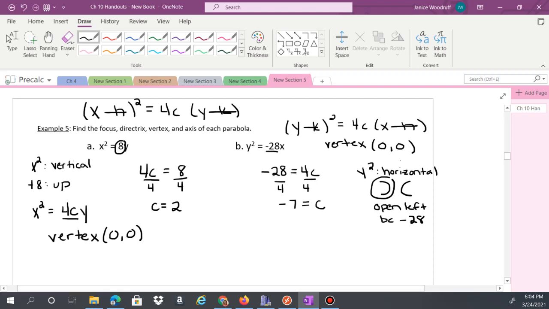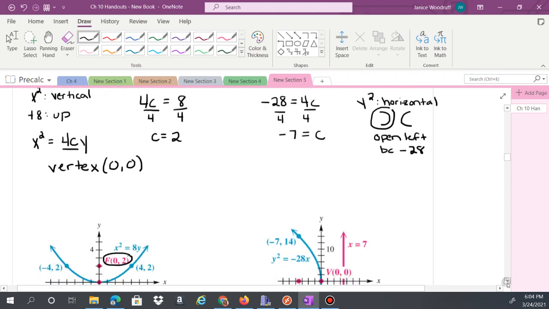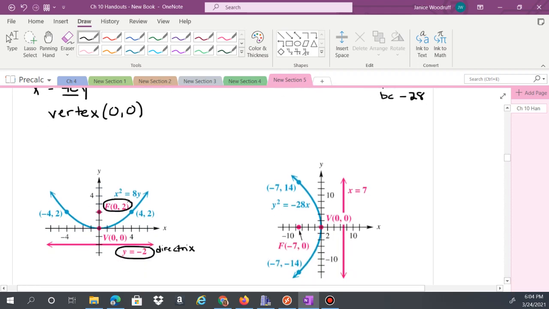Okay, so we know the vertex is 0, 0, and then we know the distance from the vertex to the focus. So if I come down here, I've got 0, 0, and then I'm going to go to the left 7, because the number line again goes left 7. So that point is going to give me negative 7, 0 for my focus.